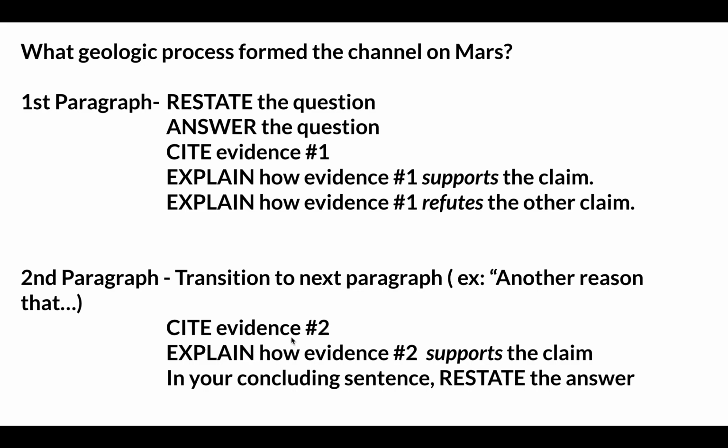Once you use evidence number 2, you're going to explain how evidence number 2 supports that claim. Remember, use key concepts, use background information to explain. And then the last sentence of this paragraph is your concluding sentence. You need to make sure that you restate the answer again. Okay? You may want to keep this slide open so that you can refer back to it as you're writing.